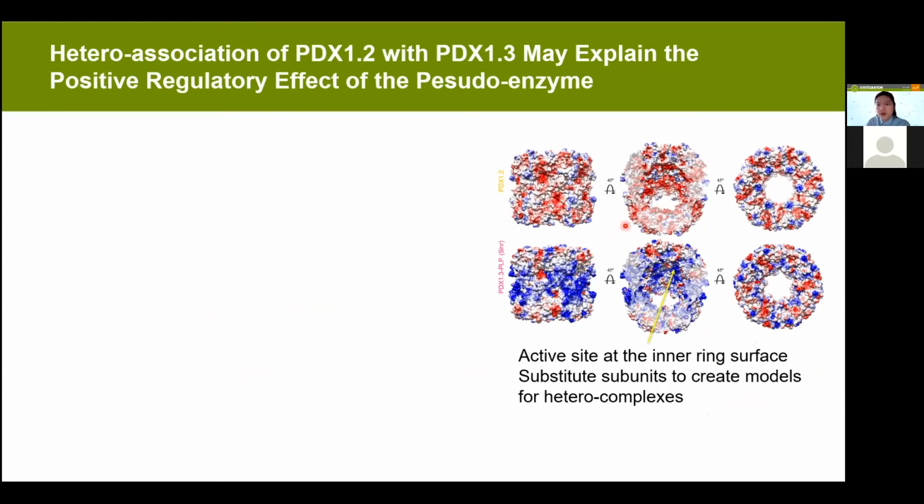So Irina and James, based on their cryo-EM data, found that there are not many differences in the structure itself, but rather in the shape. Although the shapes are so similar, the surface potentials are very different between the 1.2 and 1.3. So what Irina did was to build hetero-complex models just by replacing the monomers in the complex.